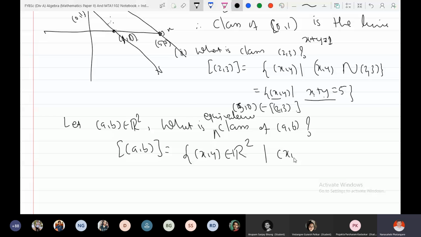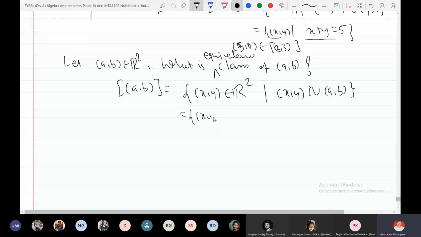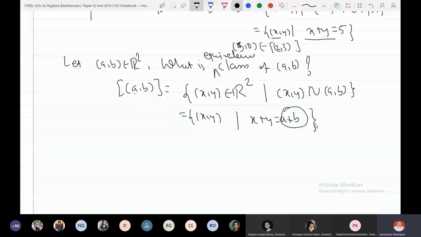Those points for which x plus y is equal to a plus b. Now I have fixed my point (a, b), and therefore a plus b is a constant. Do you understand this?